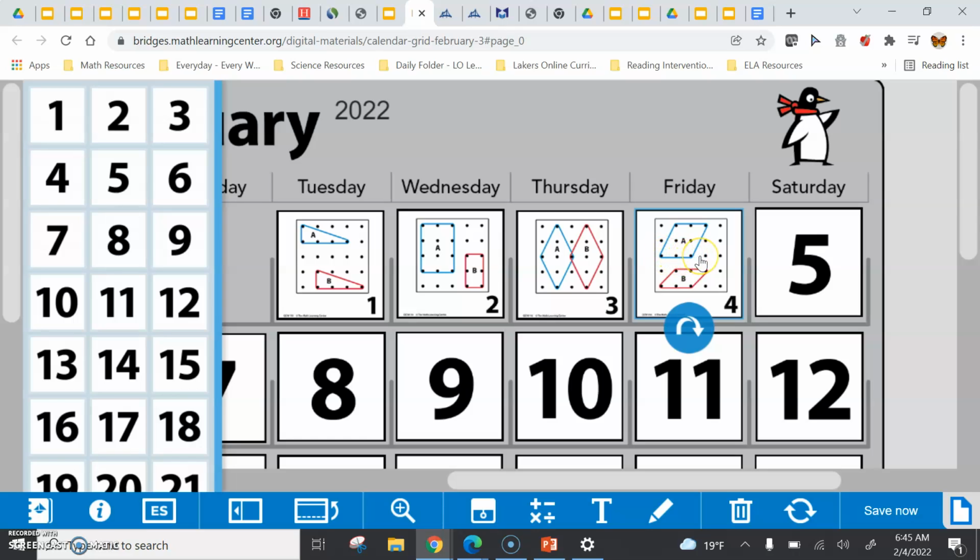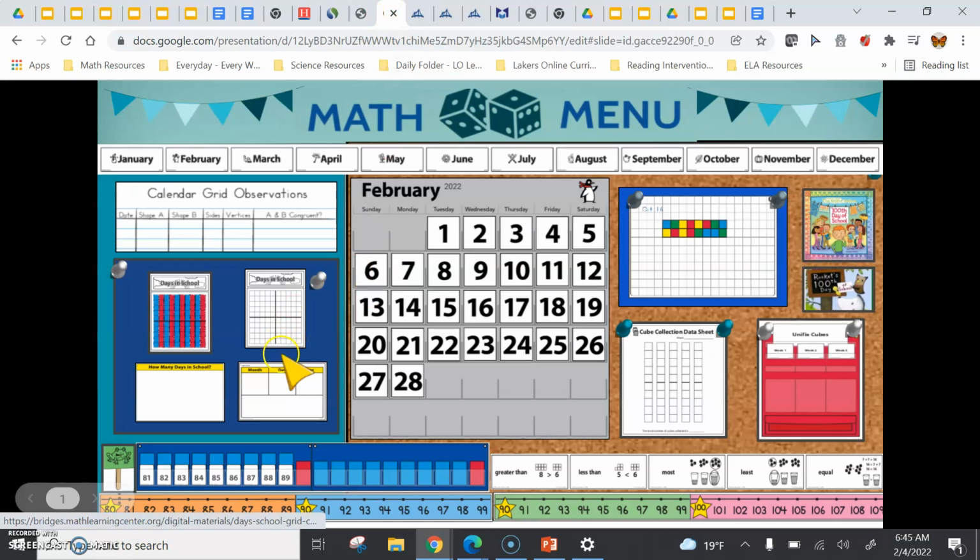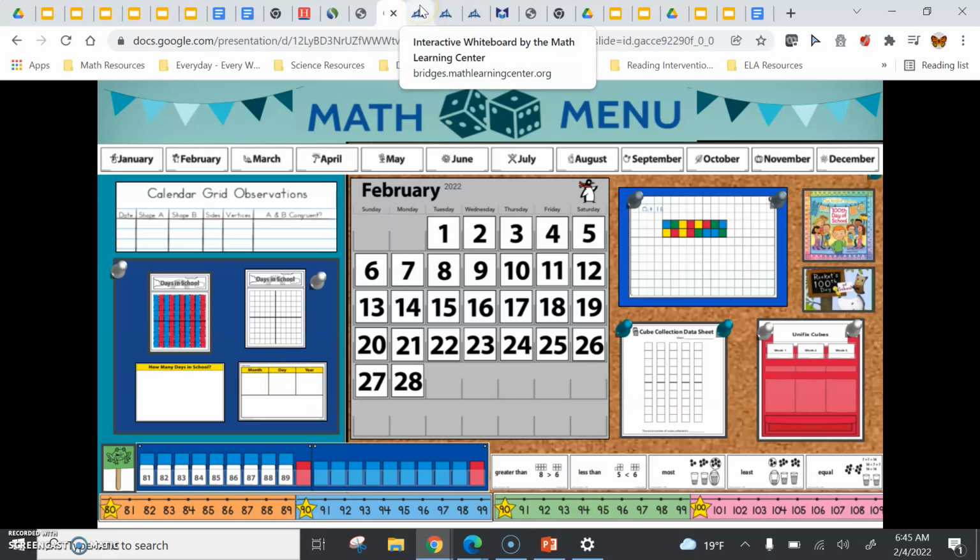We have 3 dots going this way. It's really 3 going this way. These two are not congruent. They are not congruent. So we will make sure we note that they are not congruent.